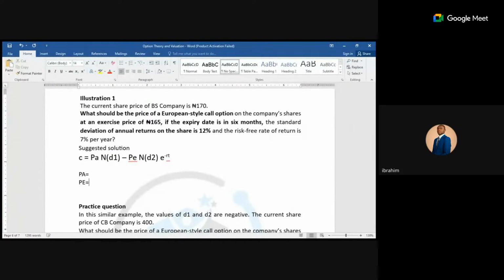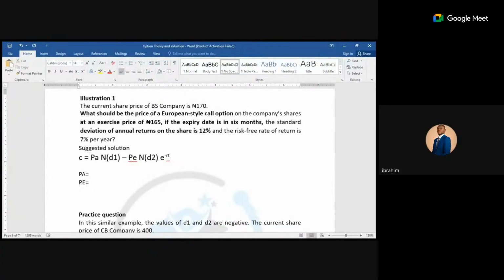PE, we have the R, then the T. The PA is the current price of the stock, the price of the underlying asset.